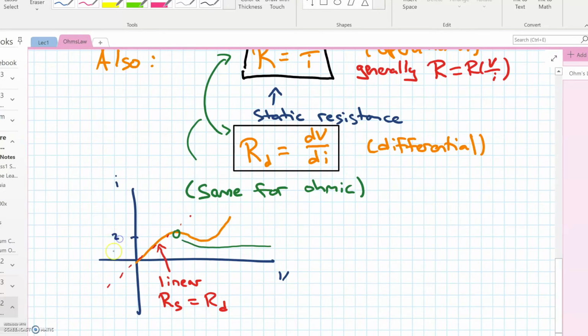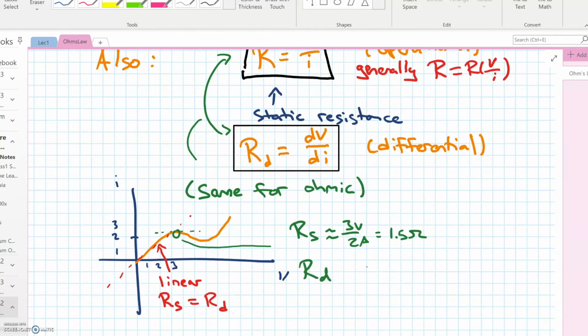Let's say this is 1, 2, 3. And similarly here, we have the static resistance, which is about, what's that going to be? About 3 volts over 2 amps. About 1.5 ohms.